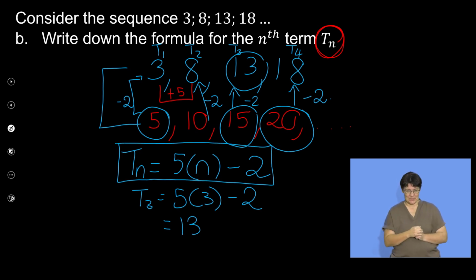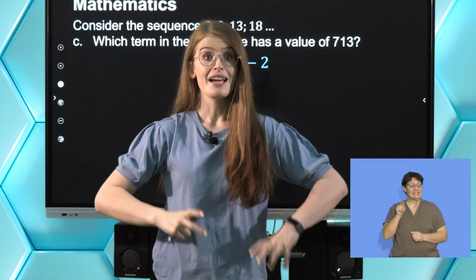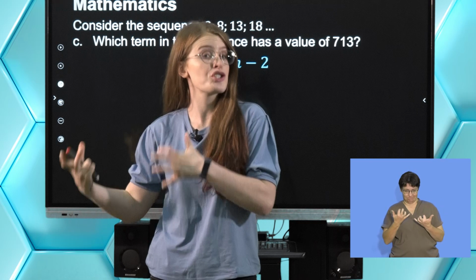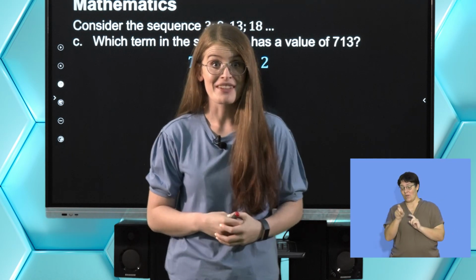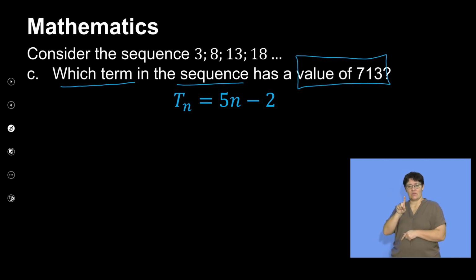We're now going to use our nth term for the next example. So this question is going to rely on my calculated general term in order to answer the question. Let's read the question together. We are going to determine which term in the sequence has a value of 713.